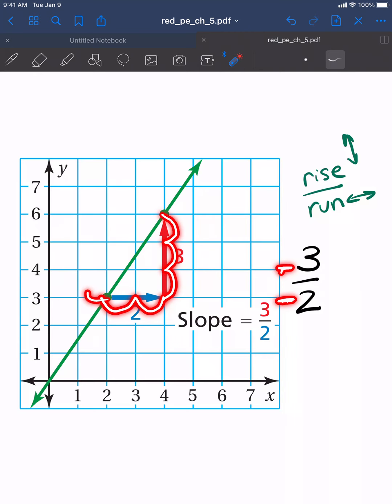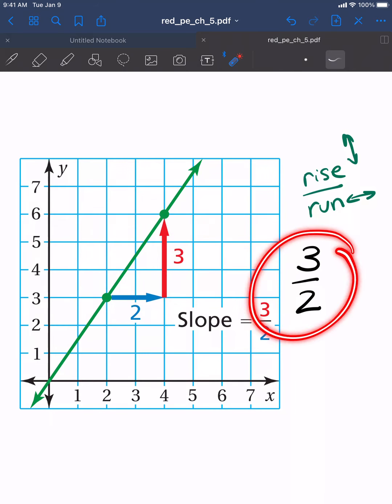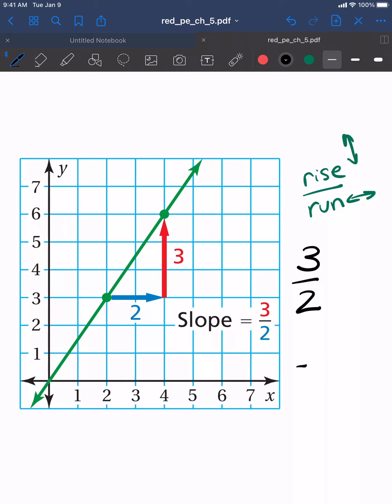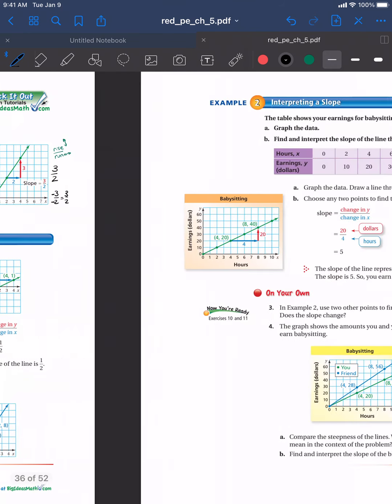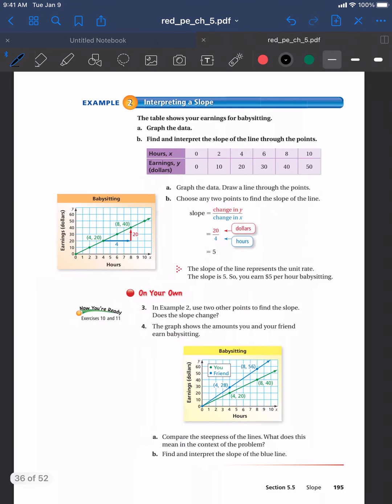But do you see how no matter which way I did it, I will still get the same slope? Because isn't negative 3 over negative 2 the same thing as 3 over 2? Because a negative over a negative is still a positive. That's the only way to find slope, you guys. You just count. How many did you rise over how many did you run? We'll do a few examples with you before I give you your homework assignment.